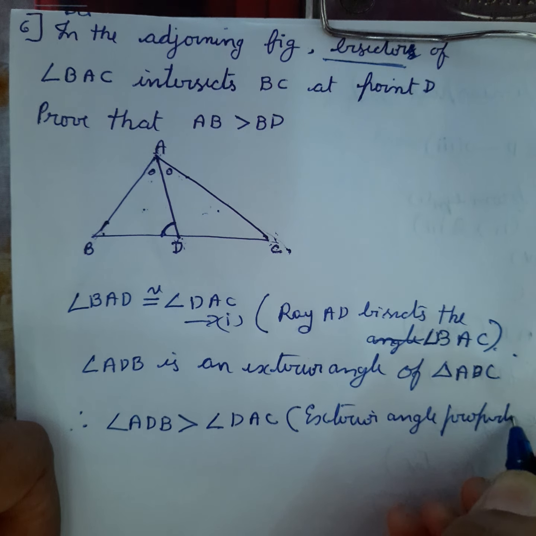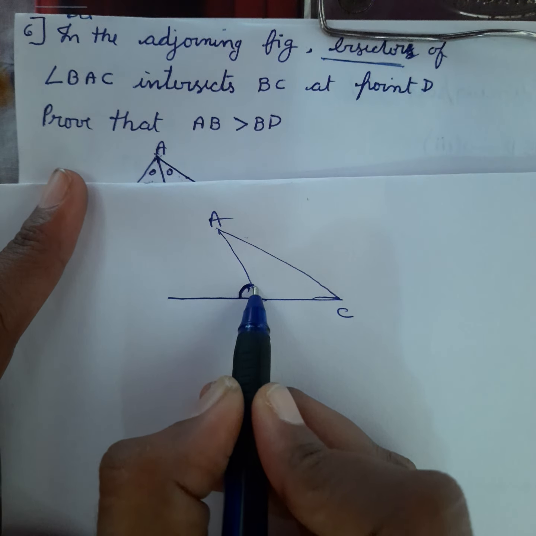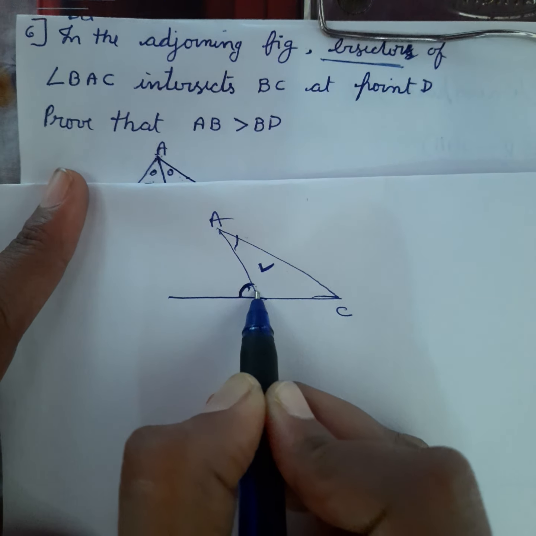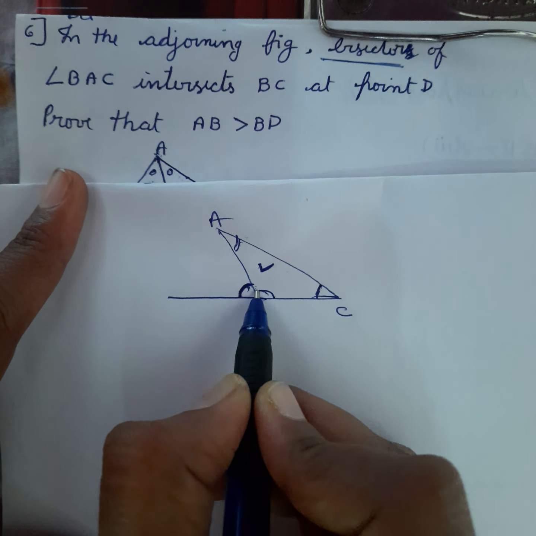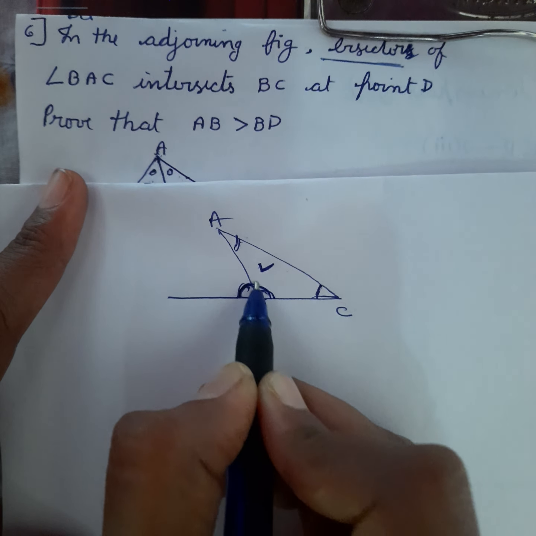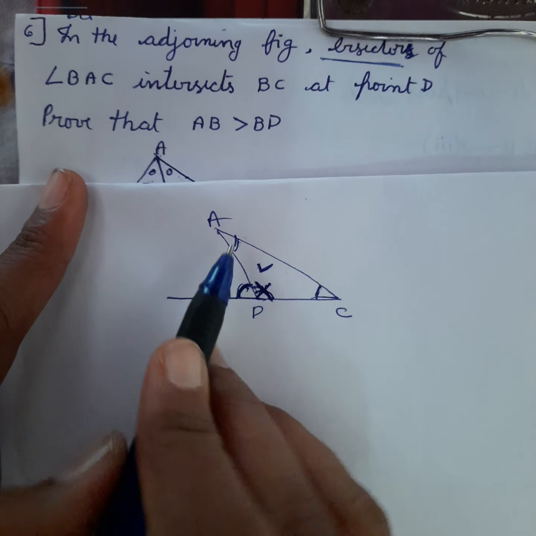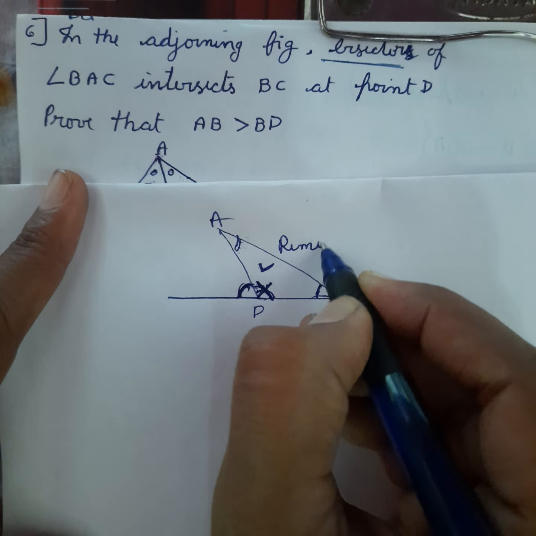What is the exterior angle property? This is the exterior angle, and inside this triangle we can see three angles. Out of these three angles, the angle attached to the exterior is not considered. Other than this, the remaining two angles are remote interior angles.